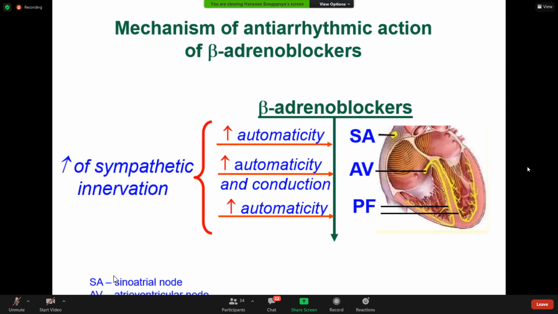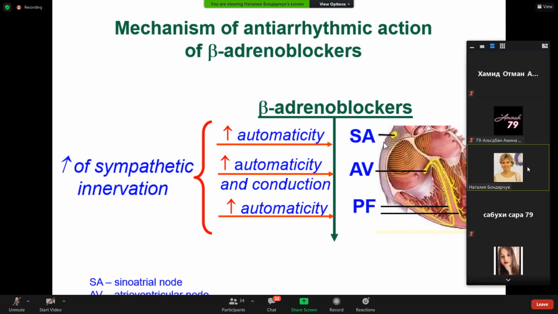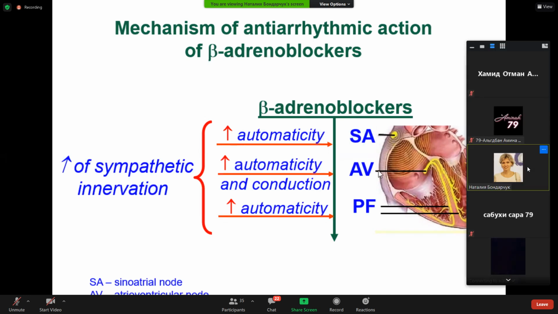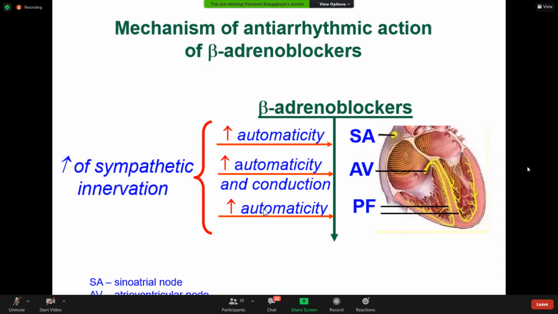So, mechanism of antiarrhythmic action of beta-adrenoblockers. Without the influence of the drugs, increased sympathetic innervation provides increased automaticity of the sinoatrial node, increased automaticity of the AV node, and conduction of the AV node, and also increased sympathetic tone provides increased automaticity of Purkinje fibers.